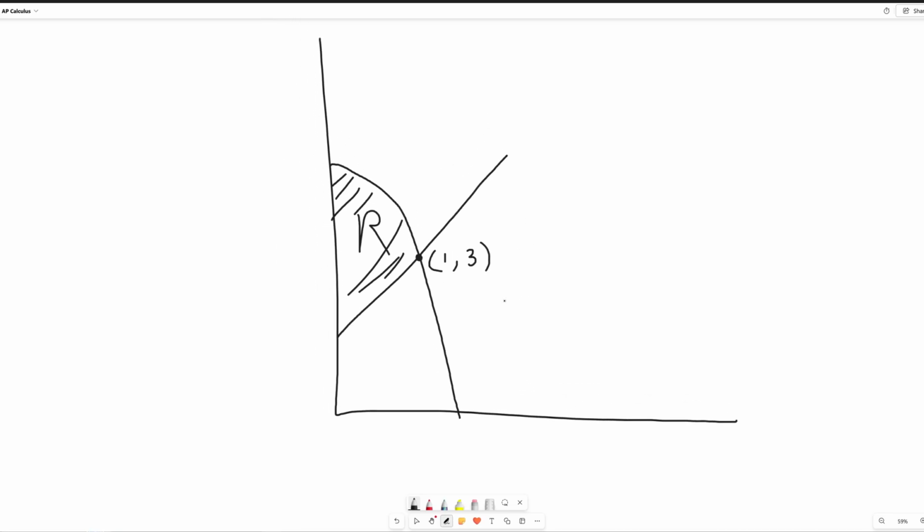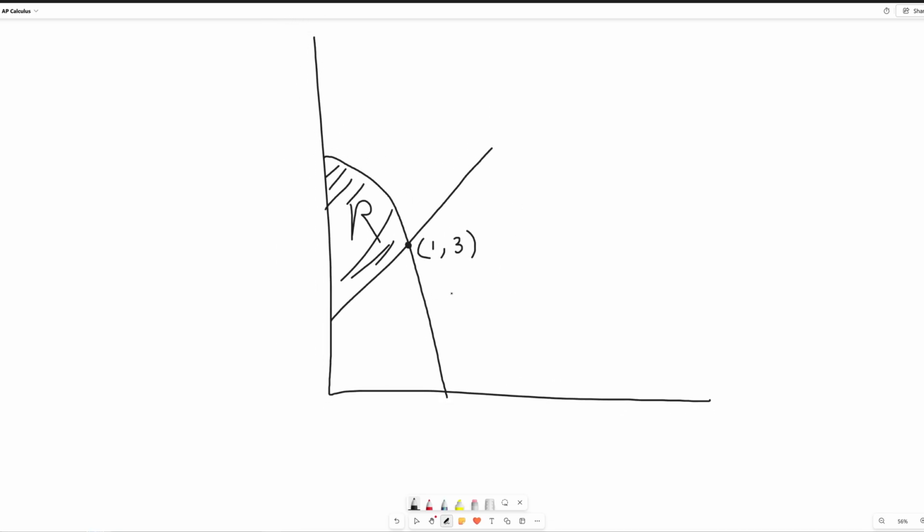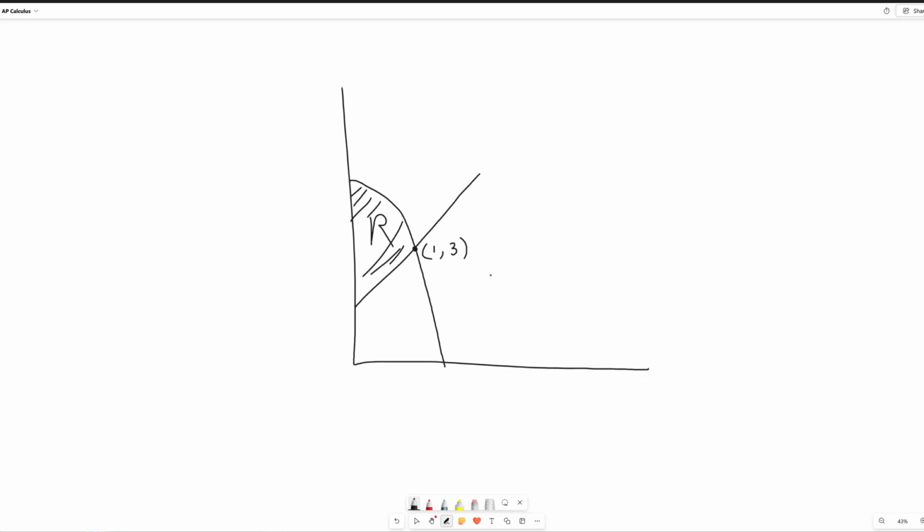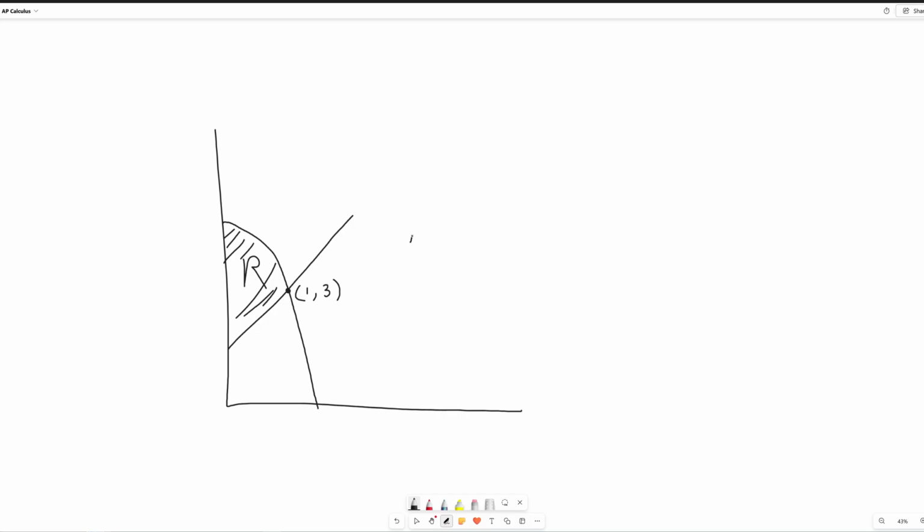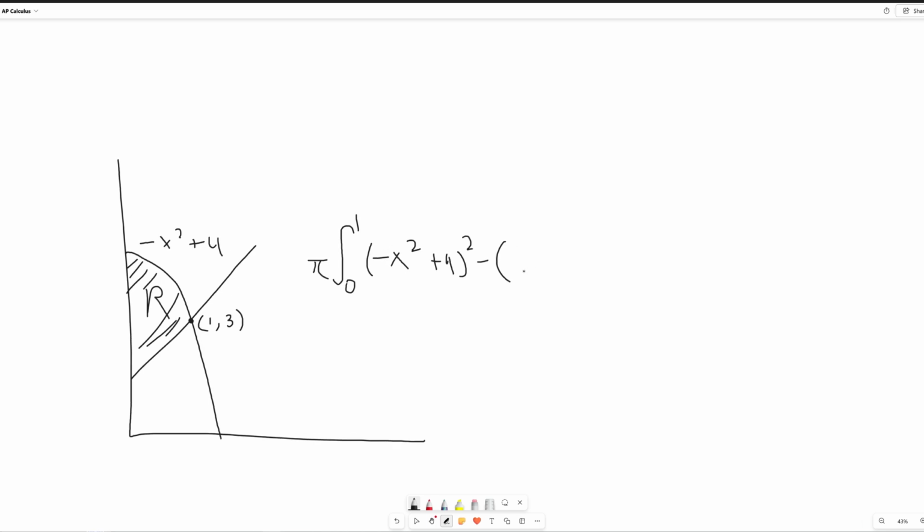Okay. So the way we go about doing this around the x-axis is exactly the same. Pi times the integral from 0 to 1 of the top function, which is negative x squared plus 4, squared, minus our bottom function, which is x plus 2, and then squared.